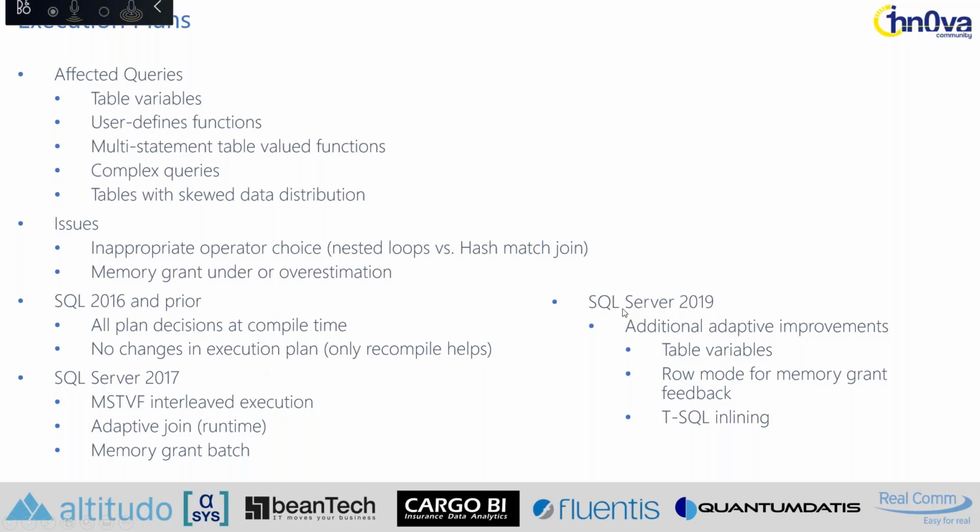In SQL Server 2019, this is possible. And in SQL Server 2017, with memory grant feedback, SQL Server can change the memory granted to the query and make the query run either faster if it was an underestimation, or reduce the memory granted if it was overestimated in the first run.